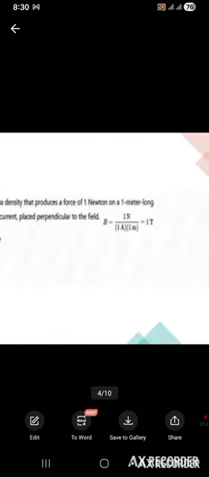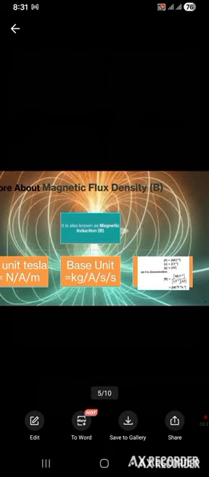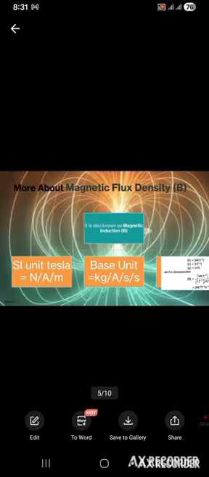There are more interesting things about the magnetic flux density, the vector B. It is also known as the magnetic induction, as I have told you earlier, and the SI unit is Newton per ampere per meter, right? And the base units are kilogram per ampere per second squared. You can get the base units from the SI unit when we put in the value of the Newton, that is equal to kilogram meter per second squared.